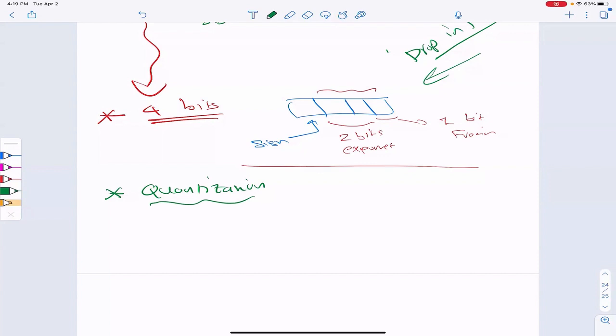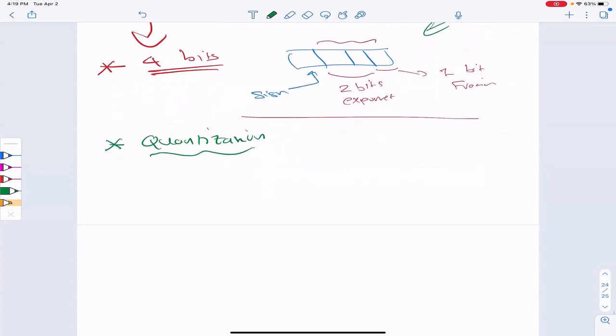One of the successful ways of model compression is called 4-bit normal float. Again, we are going to use 4 bits, but instead of the standard way of reducing the precision of your numbers, we are going to do something else.